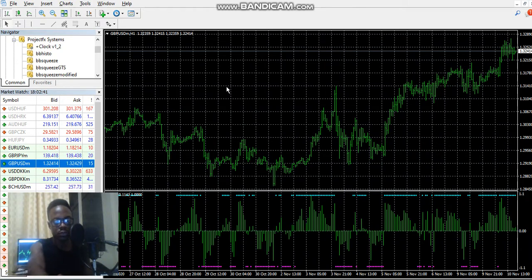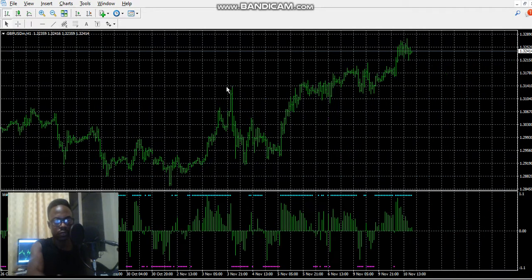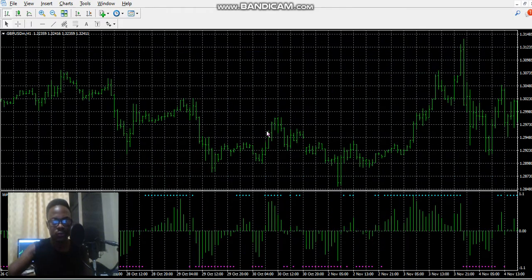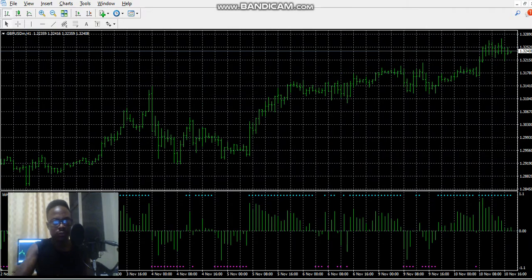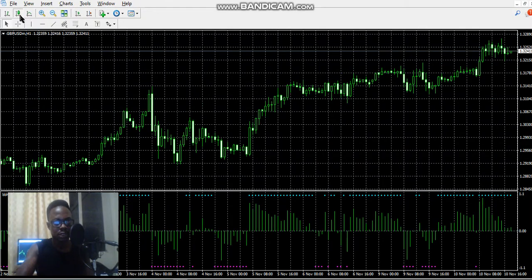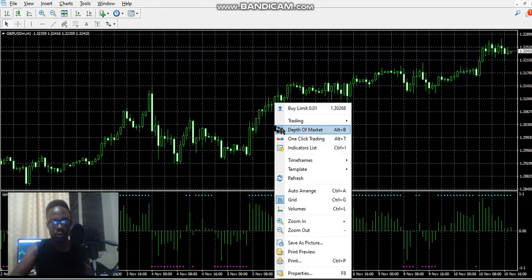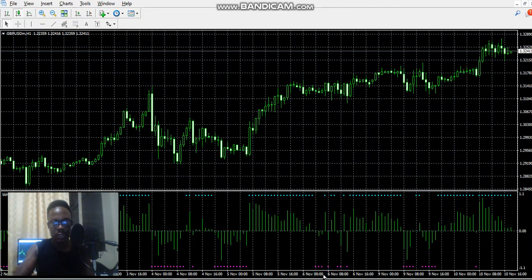First I'm just going to remove everything I don't need, which is the navigation bar as well as the market watch, and then zoom in on my graph over here. Change the chart type to candlesticks. And then one more thing I like to do is remove the grid.